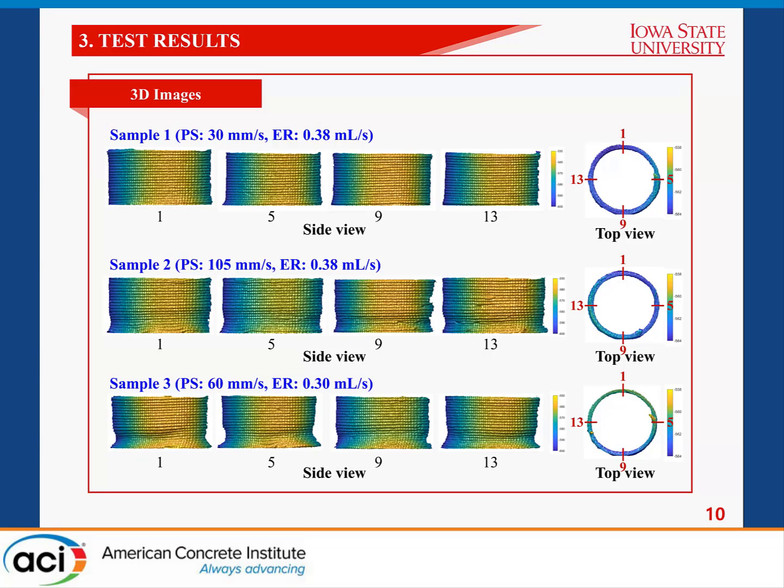Visually, we identified that sample 1 shows relatively good printing quality. However, sample 3 shows poor printing quality due to the distortion at the lower layers. It indicates that the combination of printing speed and extrusion flow rate significantly affected the printing qualities.